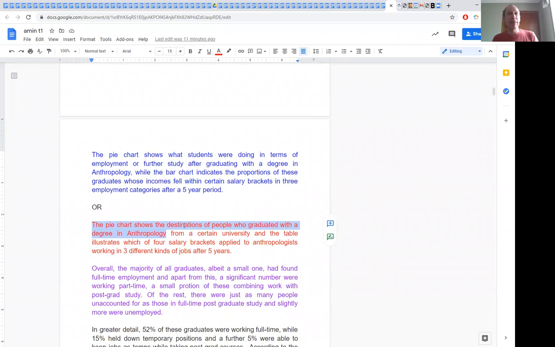But that's all I did here. And the thing is, it saves time. And I don't think it's going to take away from your mark as long as you have good vocabulary throughout your writing. And so here, the table illustrates which of 4 salary brackets applied to anthropologists working in 3 different kinds of jobs after 5 years. So it's a little bit shorter.